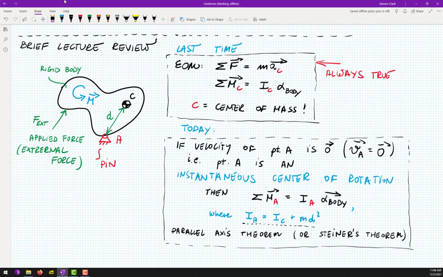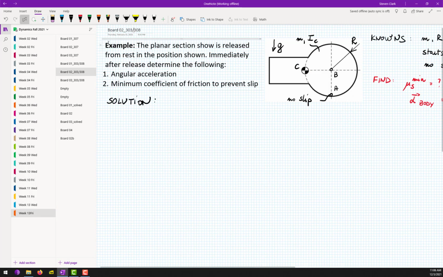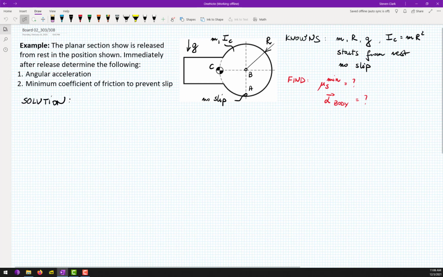Okay, so let's do some examples. Let's do example number 1. Please familiarize yourself with the problem statement before we start our solution. All right, so what do we have in here?